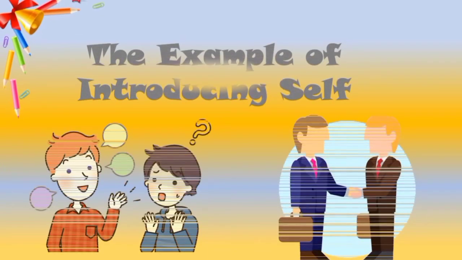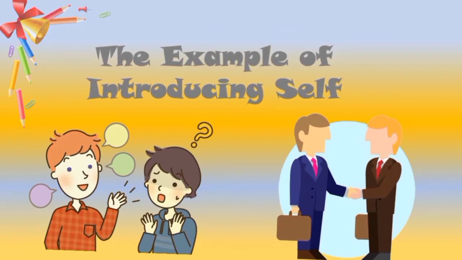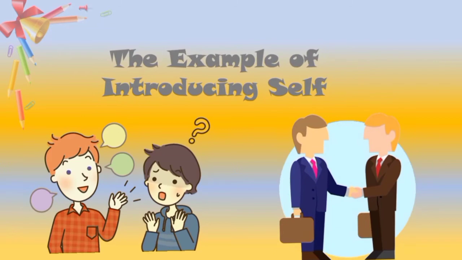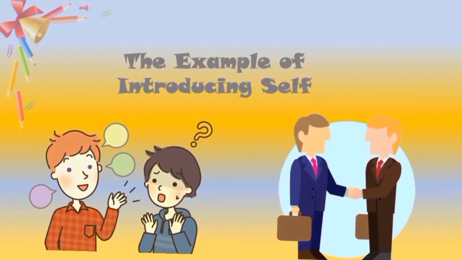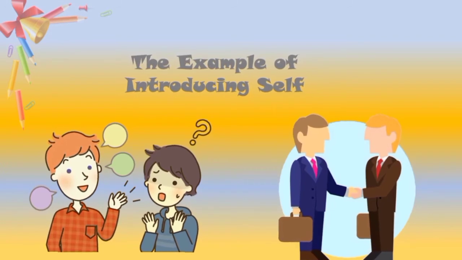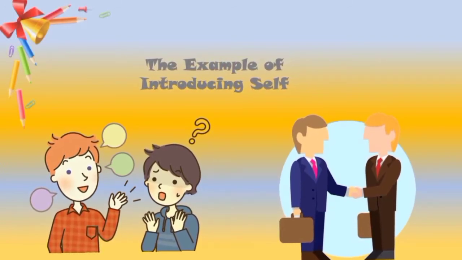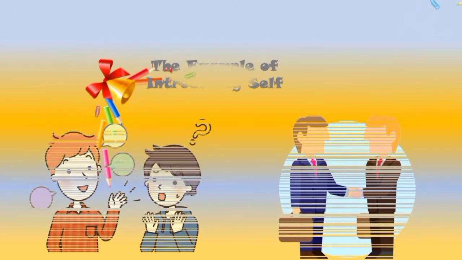Okay, and now let's see that in this picture there are 2 persons having a good conversation to introduce themselves. Now we want to see the example of introducing self in a conversation with good sentences.